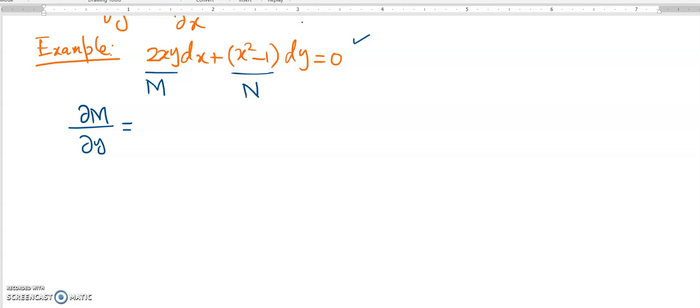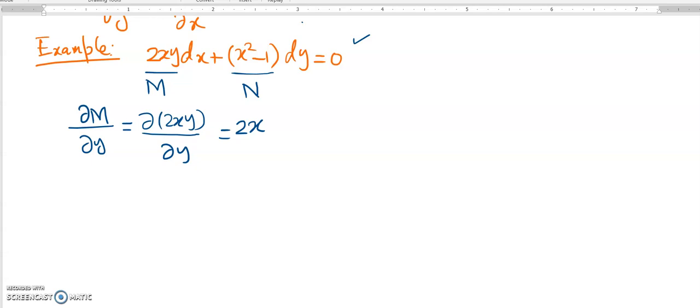So partial M over partial y will be this derivative. M is 2xy, over y. In this situation, 2 is of course constant, and x will also be considered a constant because we are taking the derivative with respect to y. So in this case, the derivative will be 2x, because the derivative of y with respect to y is 1. So 2x is a constant coefficient. So this is partial M over partial y.